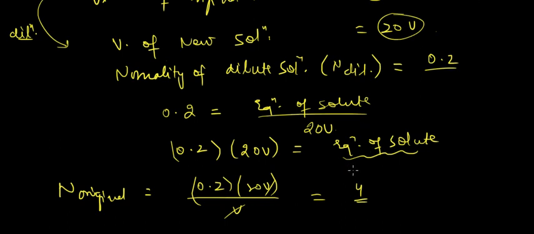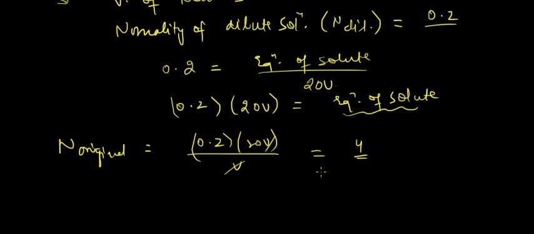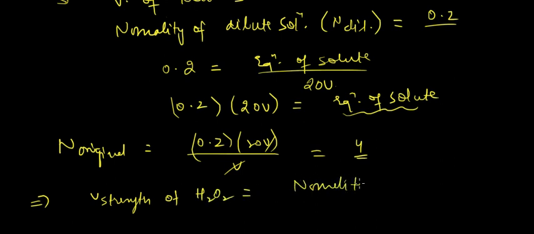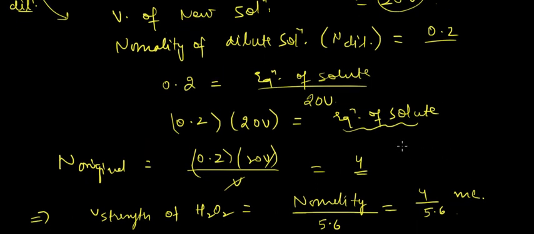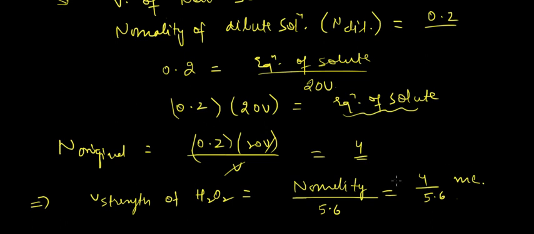Okay, so now we have to calculate the volume strength of H2O2. So the volume strength of H2O2 is nothing but normality of the solution divided by 5.6... I've just written it opposite.